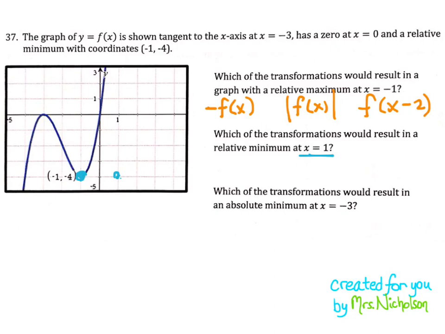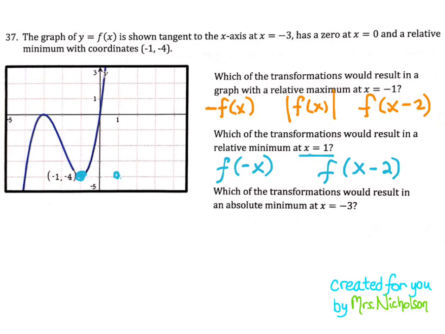One way that I can do that is by reflecting the graph over the y-axis. That transformation is y equals f of -x. If I put negative on the x, then all my x's change signs, and so that -1 would become a +1, and I would have a minimum there. The other thing I could do is just shift the graph right 2 units, f of x minus 2.